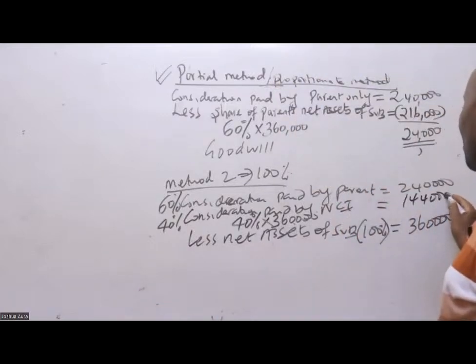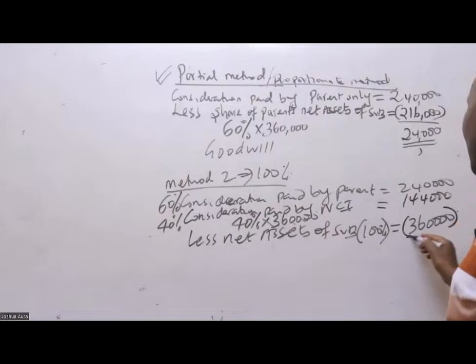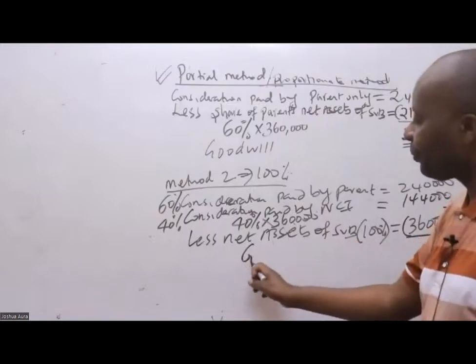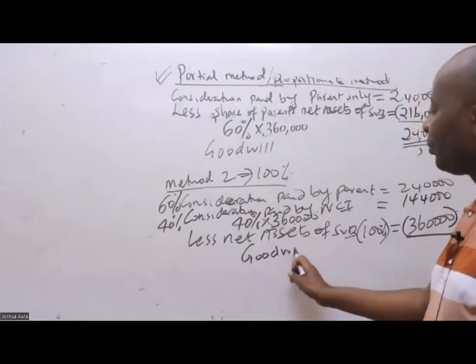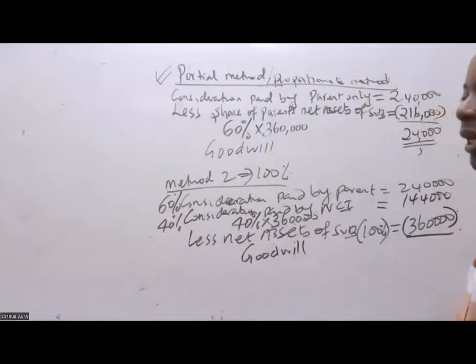So is there somebody who can subtract here and give me this goodwill? You take this plus this minus this net assets. It gives me the 24,000.